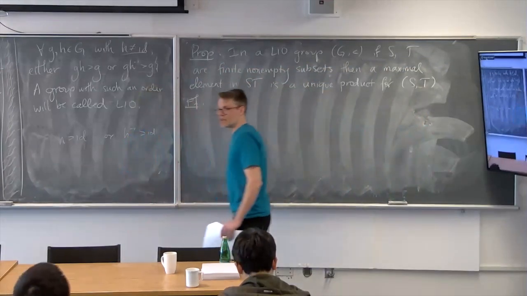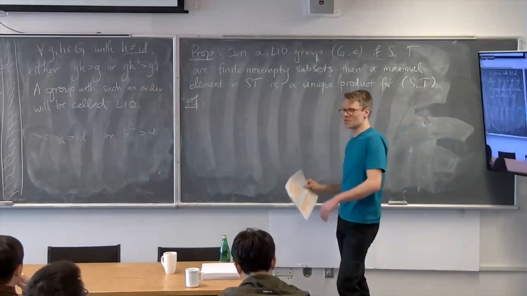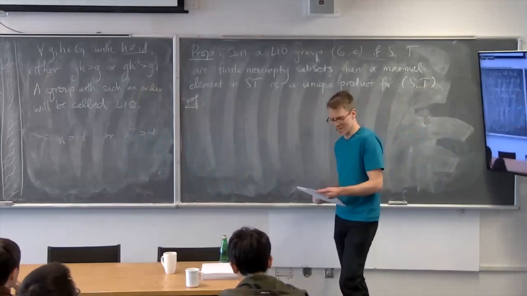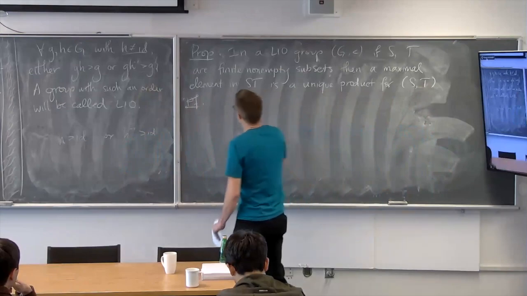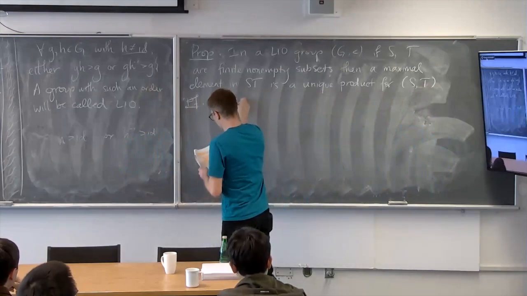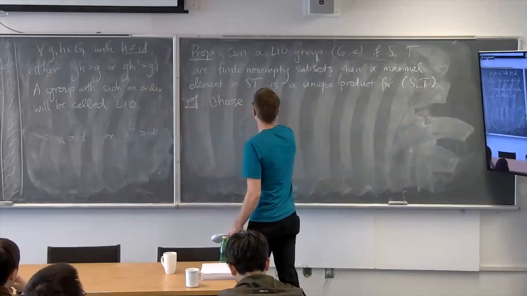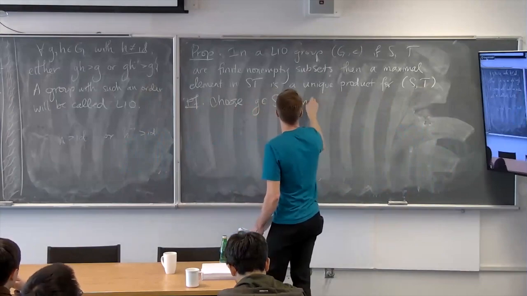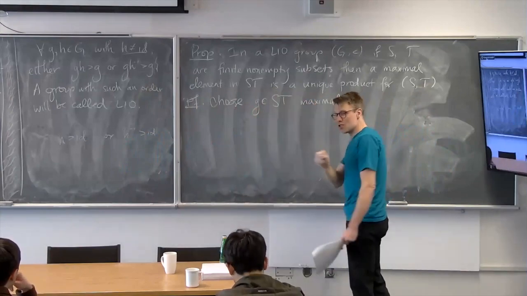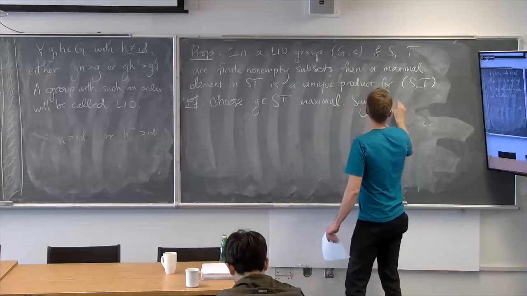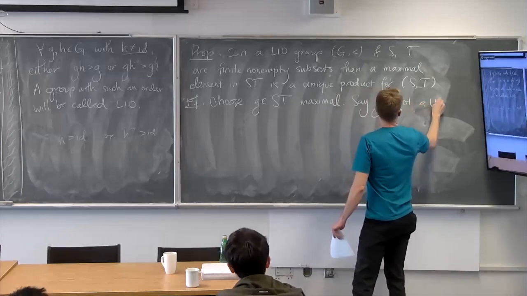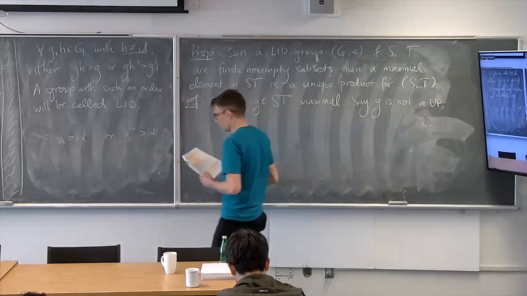This is one of those fiddly things where you choose elements just right and then it happens by magic. So let's make sure I get it right. So choose g in ST maximal. Suppose g is not a unique product, not a UP. So then write it in two ways.